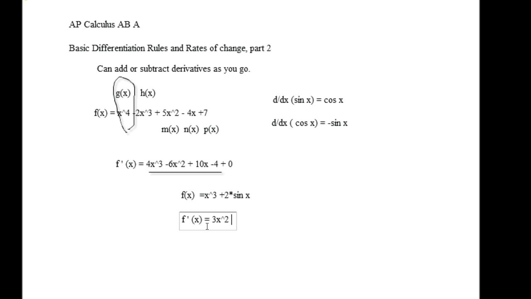That's our power rule. And then this is going to be plus 2, and then you're going to times it by the derivative of sine, which turns into cosine. So this is going to be cosine of x. So that's pretty simple. It's pretty straightforward that you just bring it down, and it is an addition. It is a sum rule.